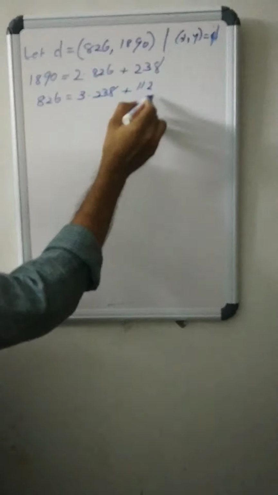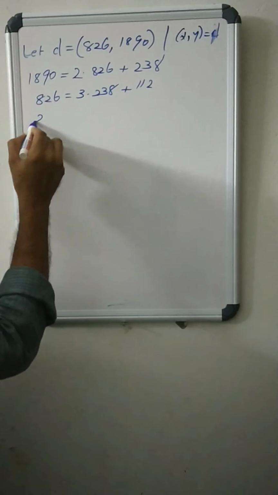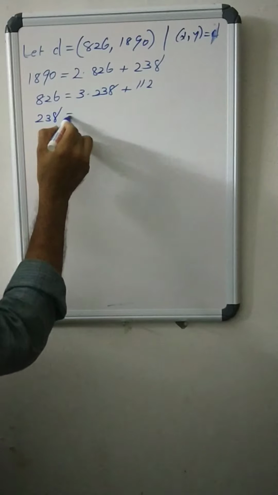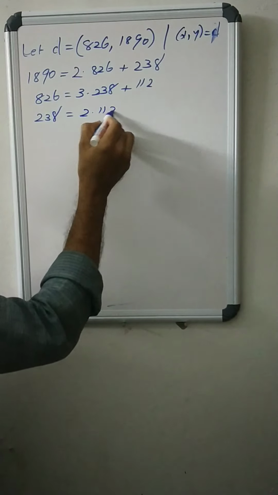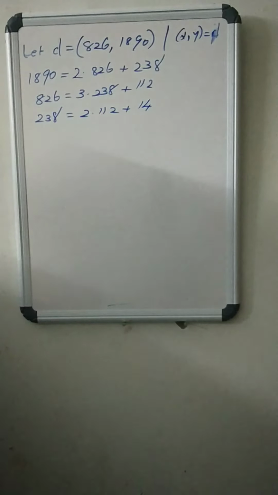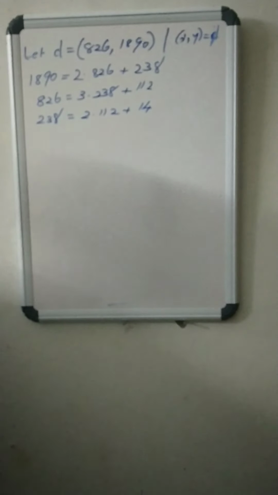Now come to 238 in terms of 112. 238 equals 2 into 112 plus 14.